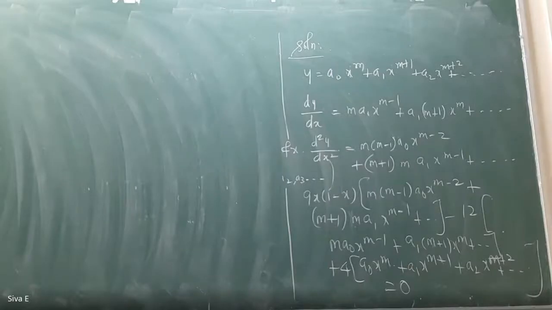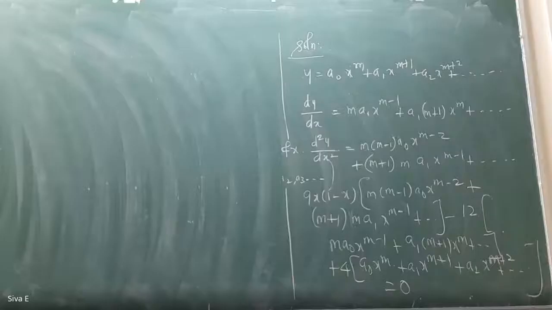See, what is step 3 actually? Given step 1, step 2, step 3, what is step 3 there? Equating the coefficients of all degrees of x. Okay, please edit that one.